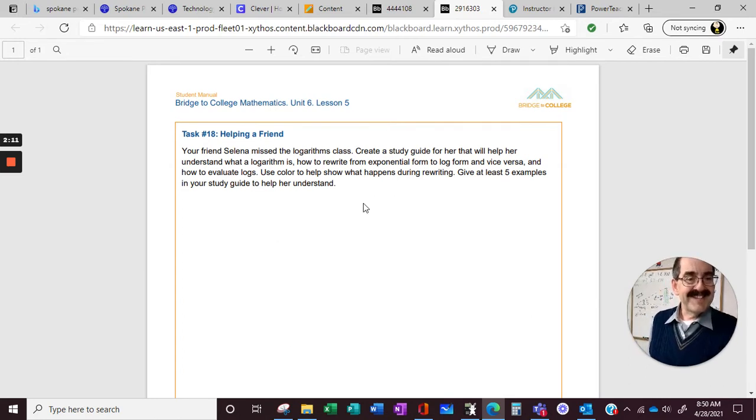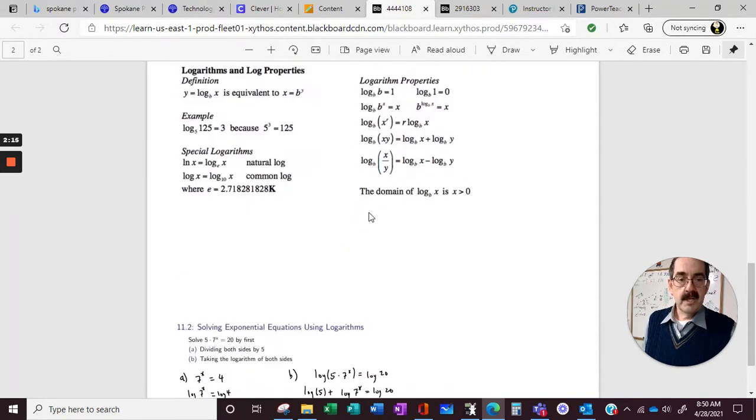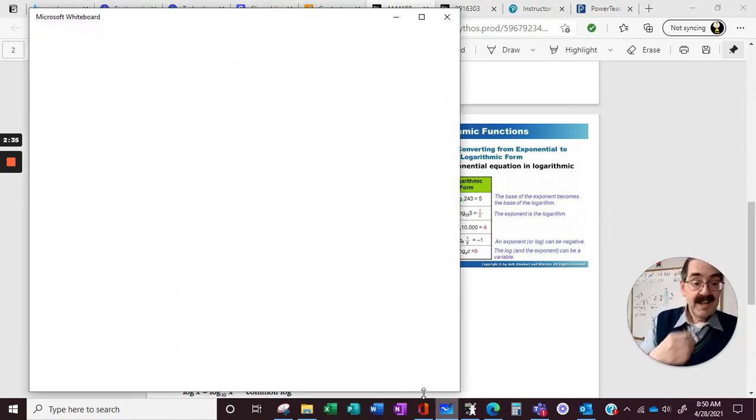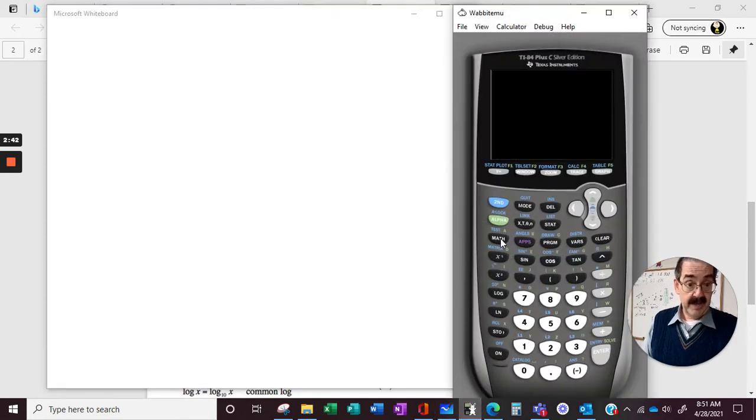This entire lesson is found on our cheat sheet right here, where we want to write from what you and I grew up with to logarithmic form. The reason we need a way to rewrite and evaluate is because we're trying to solve for x. And we have never had a tool, except graphing on our calculator, that helped us solve that.